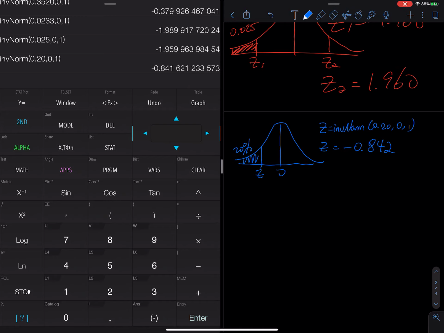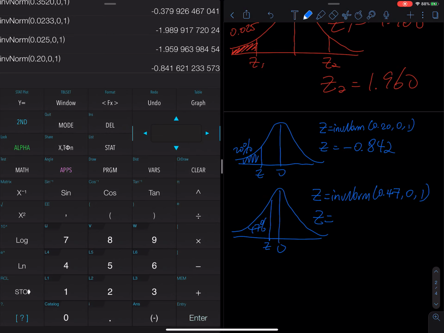And then the next one, how about 47% on the left? So 47% on the left, this is my Z. Z is equal to inverse norm 0.47, 0, 1. So second VARS, inverse norm 0.47, mean is 0, standard deviation is 1.